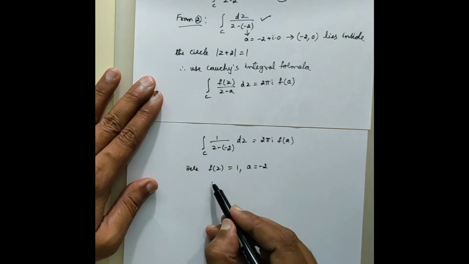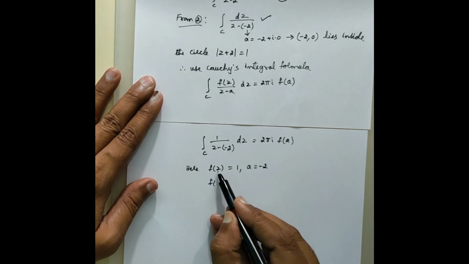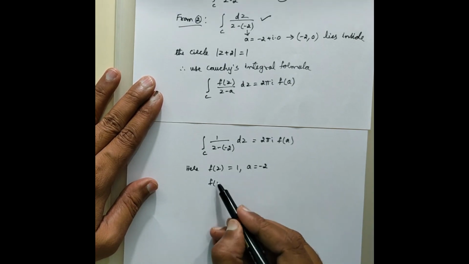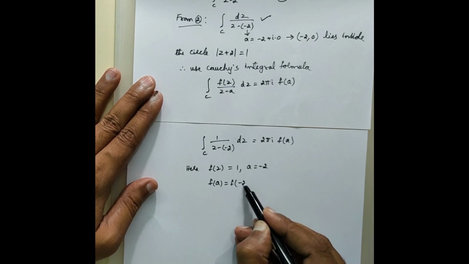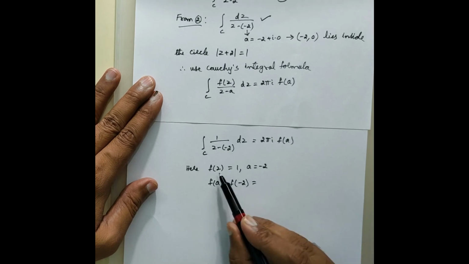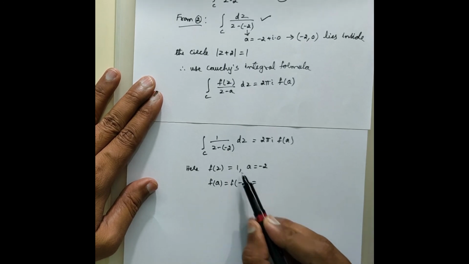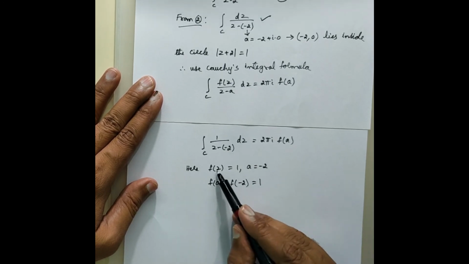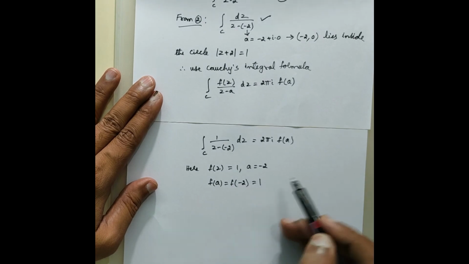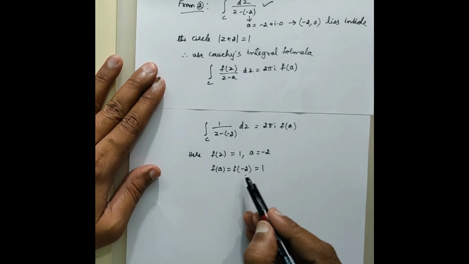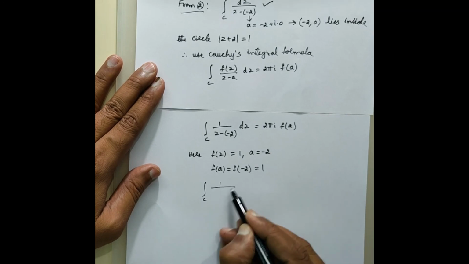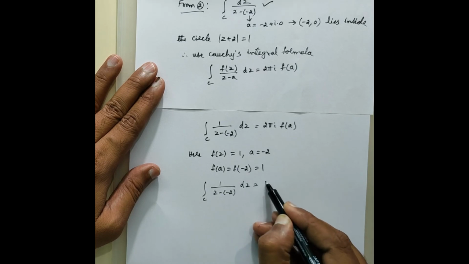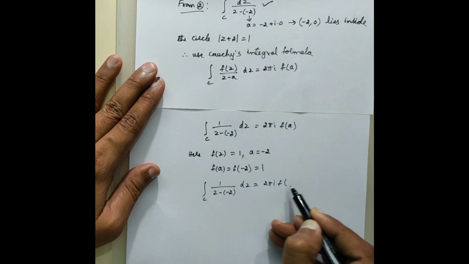So let us try to calculate that f of a value. In place of z, if I put a there, f of minus 2 will be equal to 1, because f of z is 1. Whatever value you take for z, it will be 1 only. So if I plug back into the expression, the integral of 1 by z minus minus 2 into dz is equal to 2 pi i into f of a.